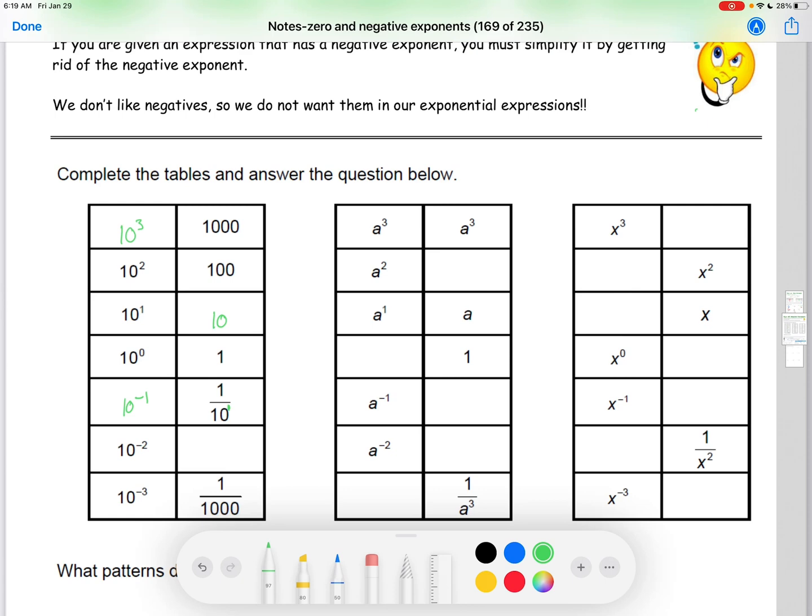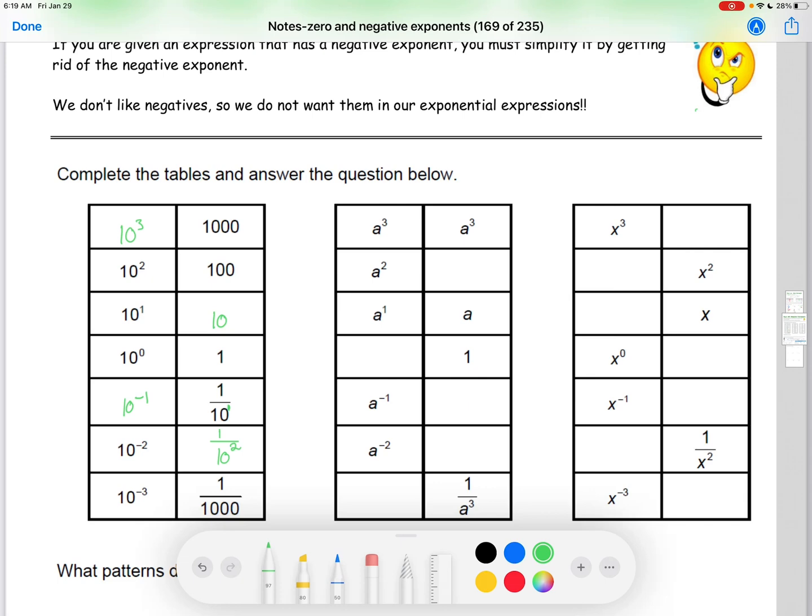I'm actually teaching the property, so I already told you what to notice. But 10 to the negative 2 we can rewrite as 1 over 10 to the positive 2. So we've changed the exponent to positive just by writing that number with a positive exponent in the denominator.